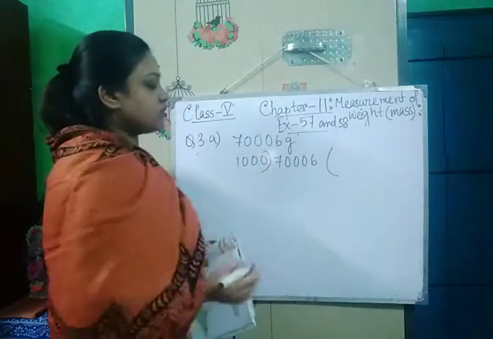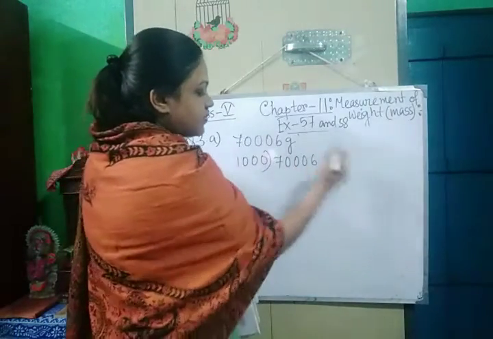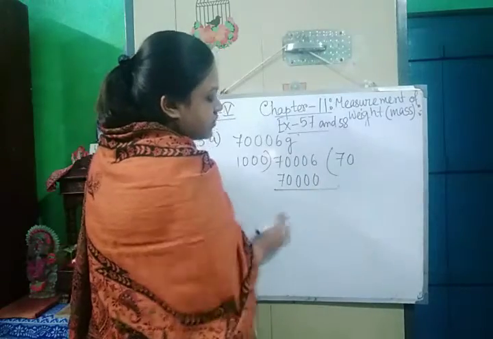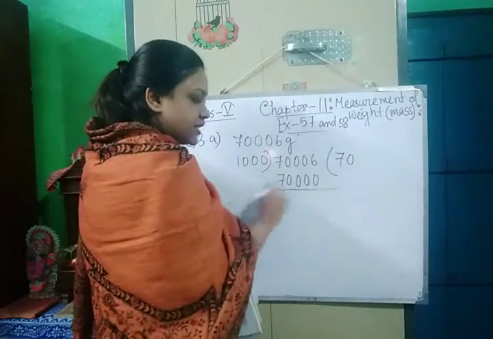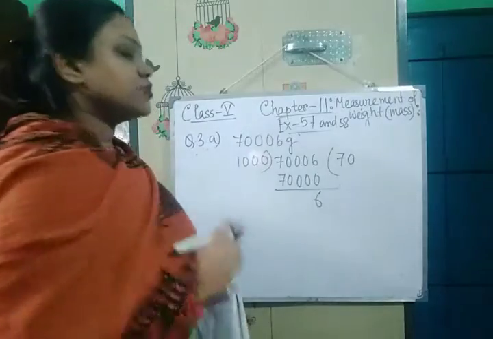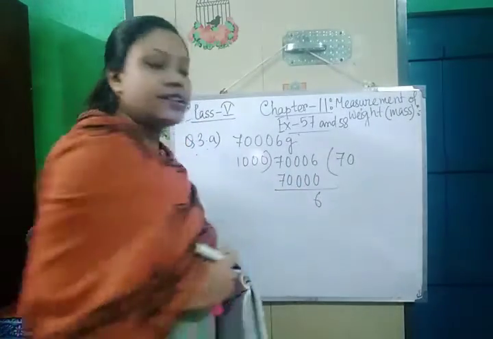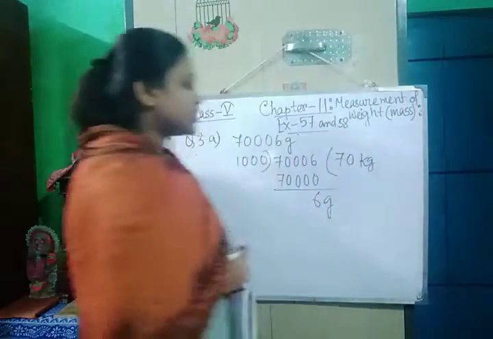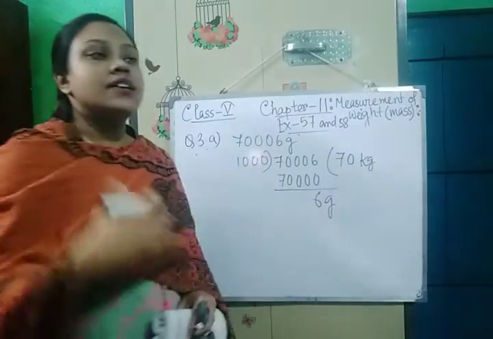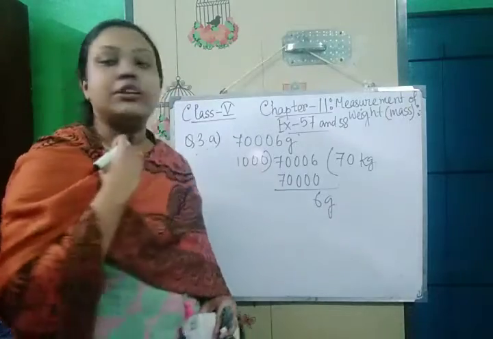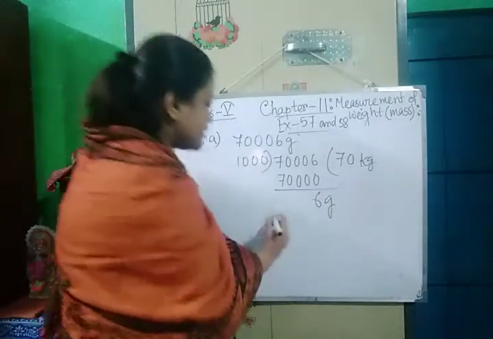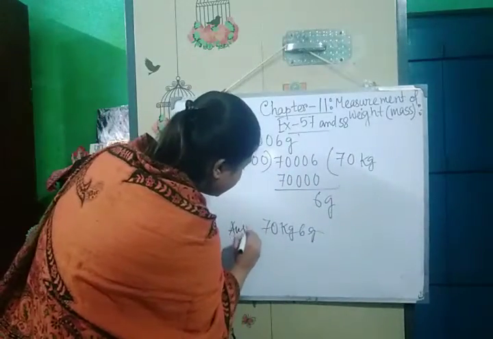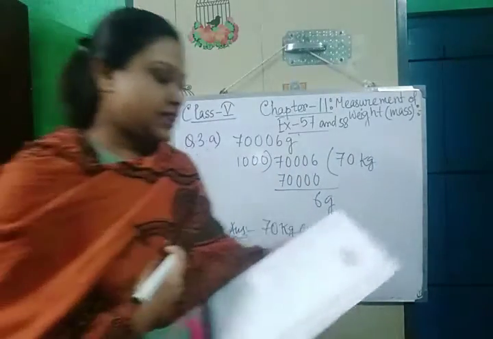So 1000, 70s are 70,000 and 6 will be the remainder. Now see, the quotient is 70, remainder is 6. That means this is kg and this is gram. So first you divide the gram by 1000. The quotient will be kg and the remainder will be gram. So what is the answer here? 70 kg 6 gram. That is the required answer. Okay, I hope this is clear.